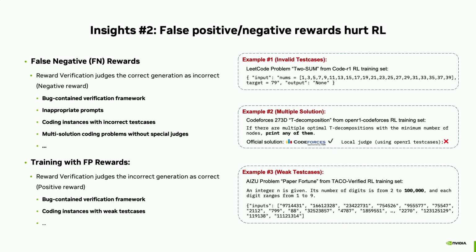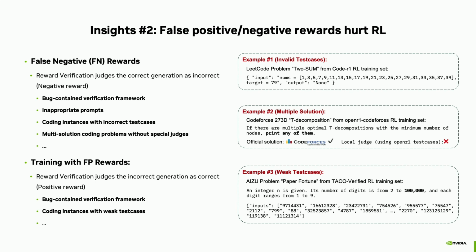For the false positive reward, it's the opposite: if your verification tool is buggy, or your coding instances have weak test cases, it will introduce false positives. Here is another specific example from the TACO verified dataset.